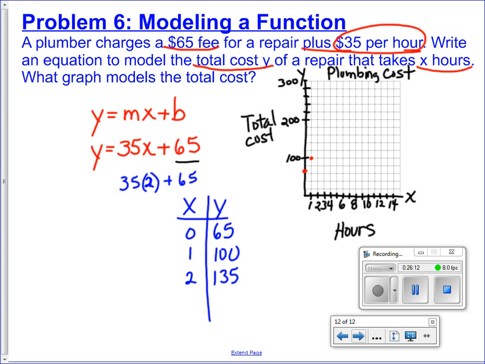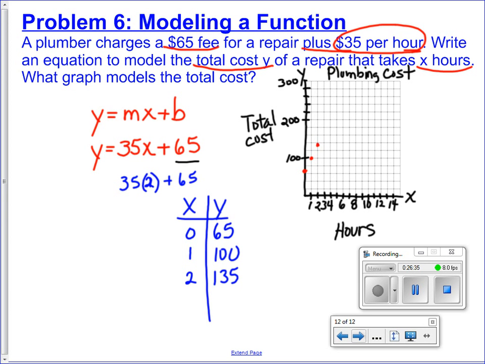And so at 2, this would be 120, 140, so it's going to be just below the 140 line.